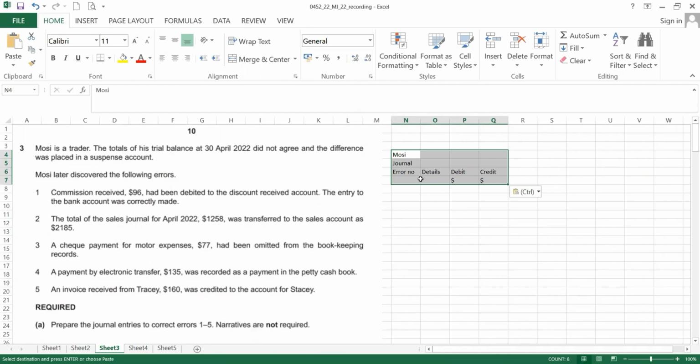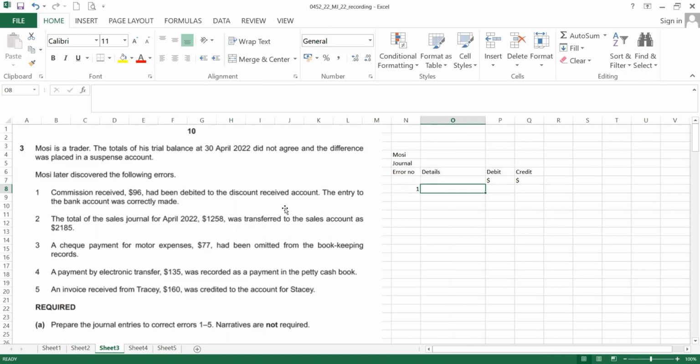Number one, what adjustment can be made? Commission received has been debited to discount received. The entry to the bank account was correctly made. That means it is a one-sided error.